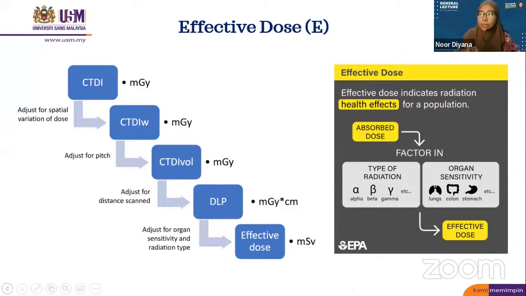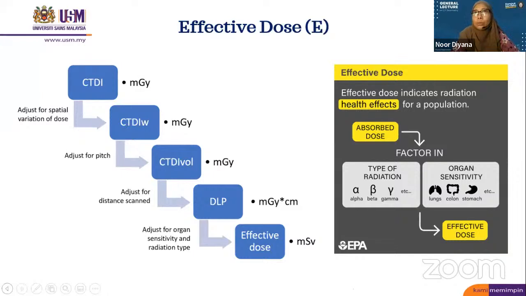Slice thickness also plays an important role in dose. Okay, number of scanning, and then contrast and non-contrast study also affect your dose. Of course, contrast will have more phases. It will also increase your dose.